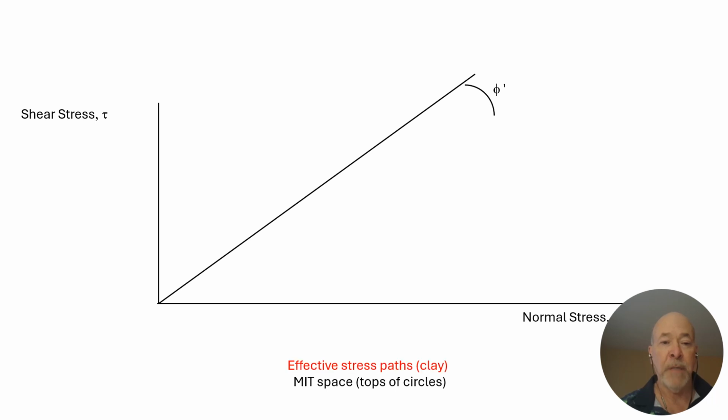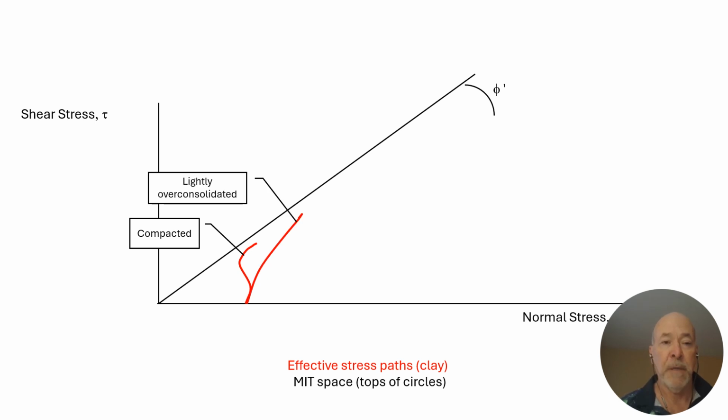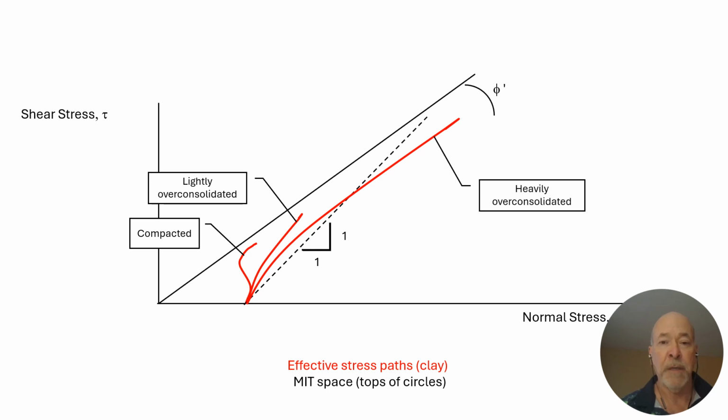We have other cases where we might have a compacted clay, always has a stress path like that. A lightly over-consolidated clay has a stress path like this. And if we put up a one-to-one line, we can see a curve like this, and that's a heavily over-consolidated clay. These are typical stress paths for clays.